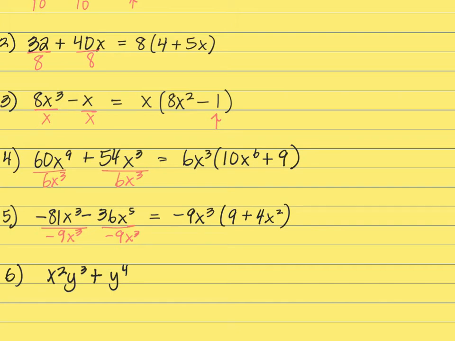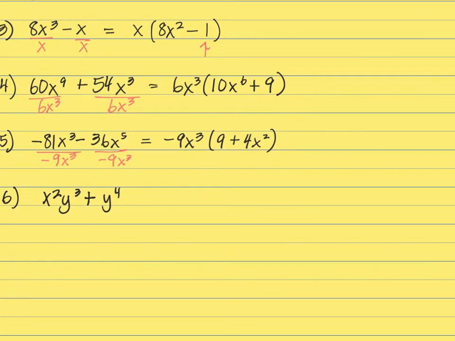Let's see what they have in common. If you notice, they both have y's in common. So we're going to divide by y to the 3rd because that's what they have in common. That one all cancels out, so I'm just left with x squared. And on the last one, I just have one y left. Well, that one wasn't too bad.